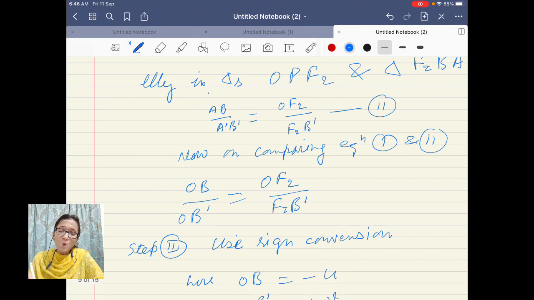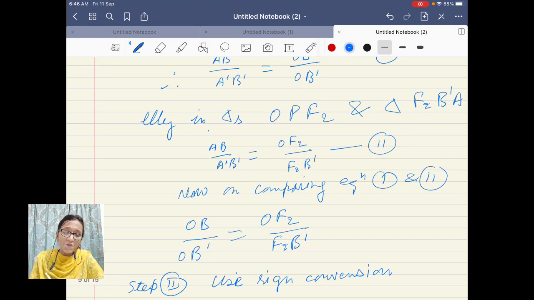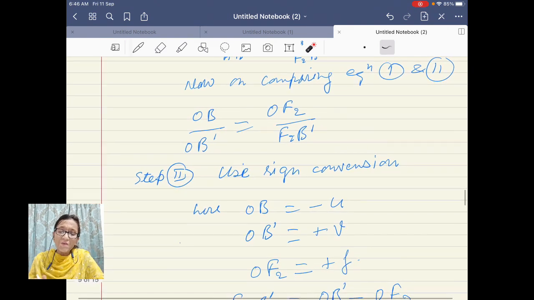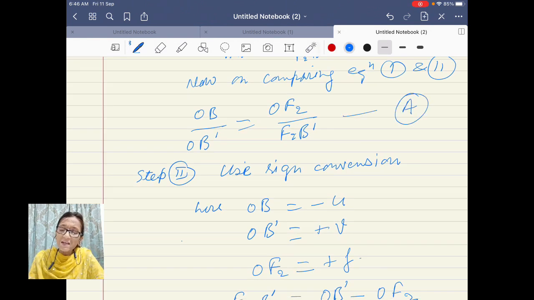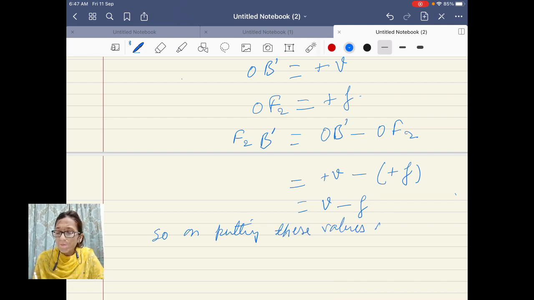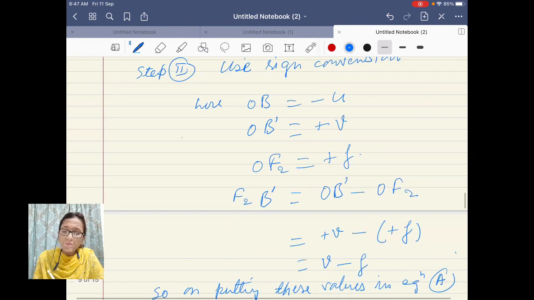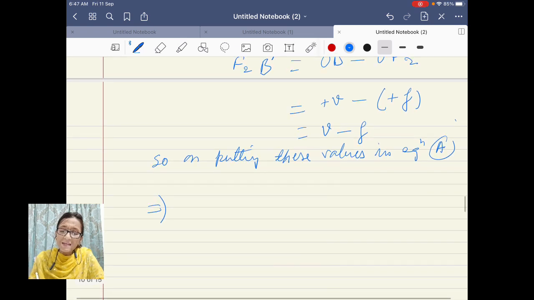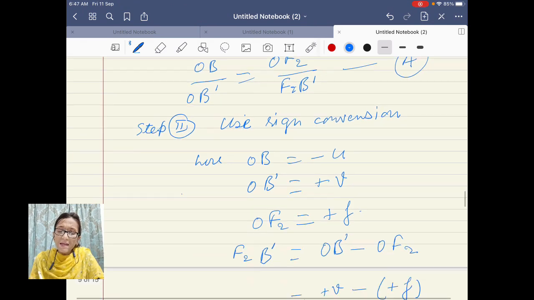Now we did two things. We used similarity of triangles, this is your first step, and now we used sign convention, and we will put the values of all these things in equation A. So putting these values in equation A, we get that OB by OB', means minus U upon V, is equal to OF2 by F2B'.